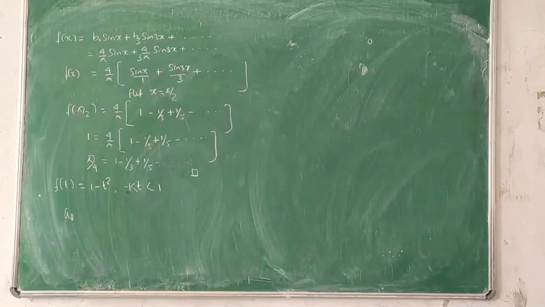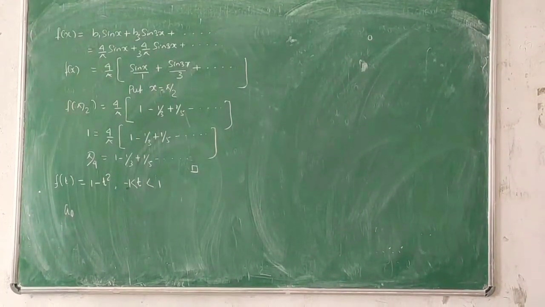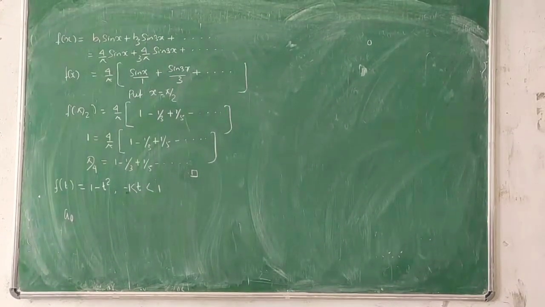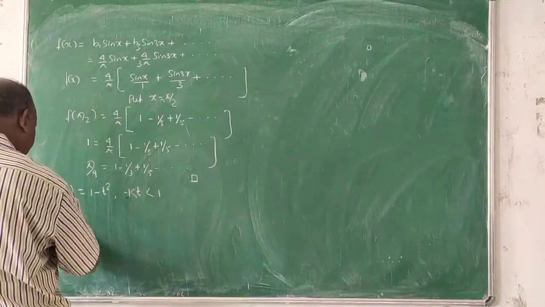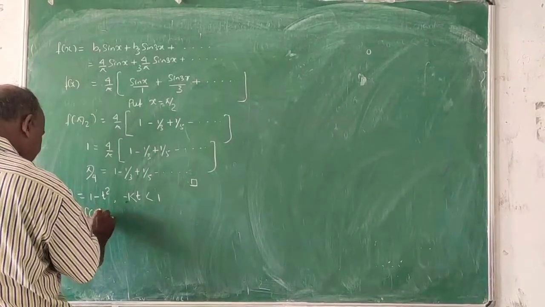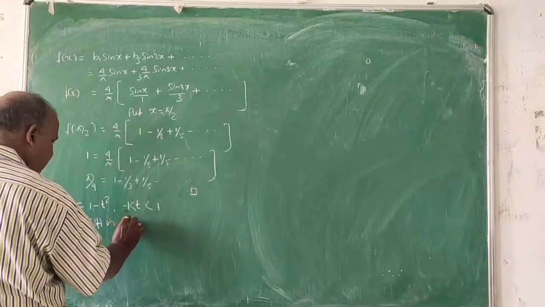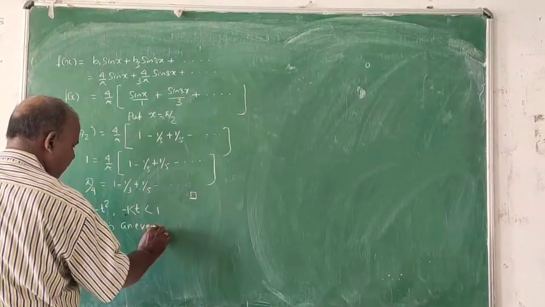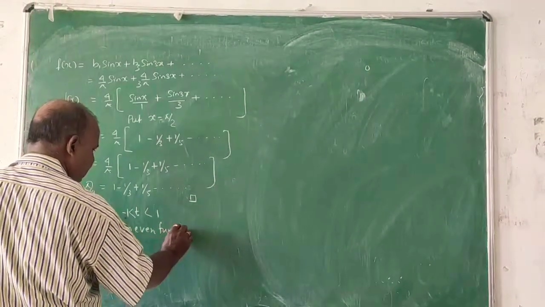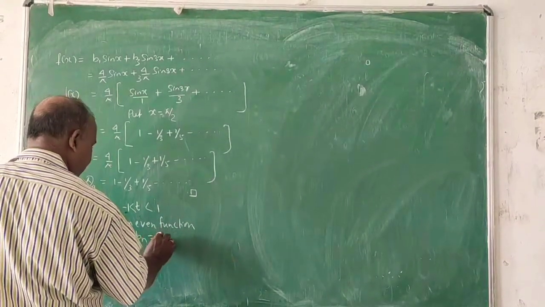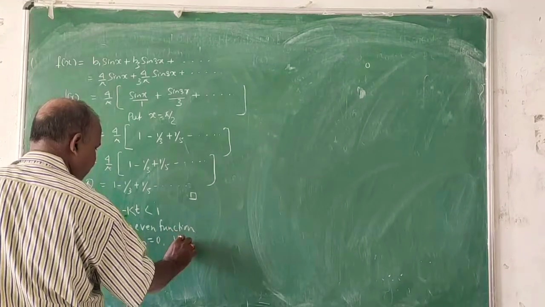For an even function, as I told you, bn is going to be 0. We have to only compute a0 and an. Since 1 minus t square is an even function, the value of bn is 0.